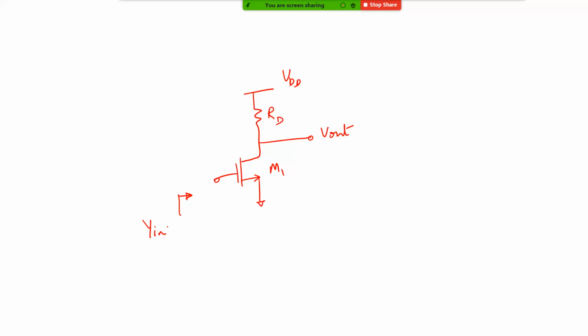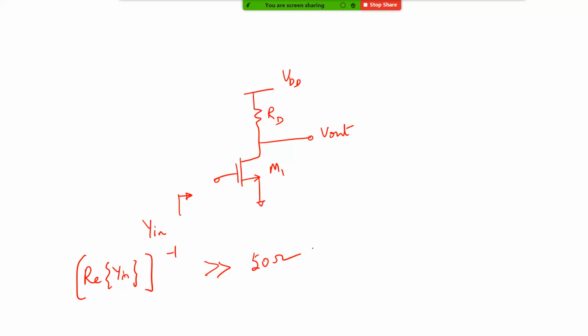If you look at the real part of Y-in, the whole inverse, which is not exactly the real part of Zin, but the real part of the impedance looking in, we saw that this is much greater than 50 ohm.